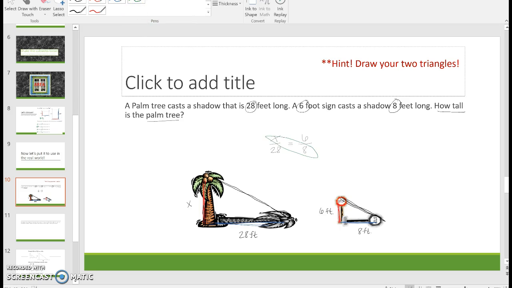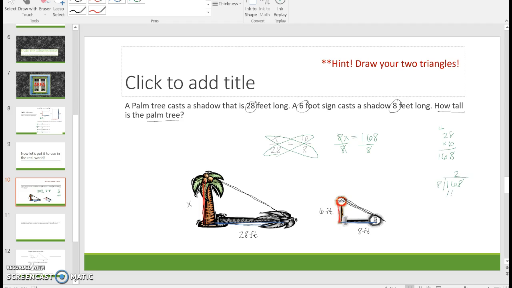Once my proportion's set up, I do my cross product. So 8x equals 6 times 28, so 28 times 6. 8 times 6 is 48, 12, 16, so I have 168. I'm going to divide by the number with x, so 168 divided by 8.